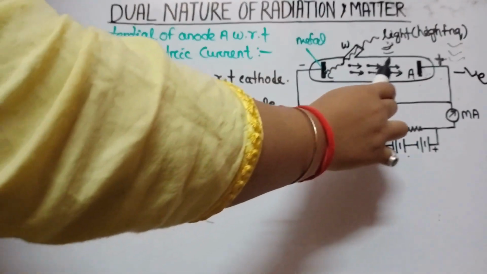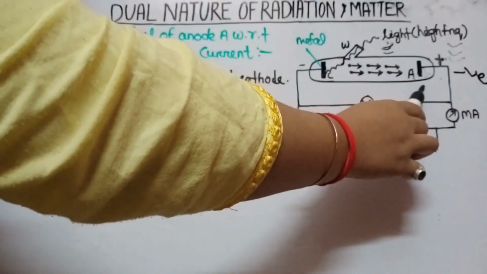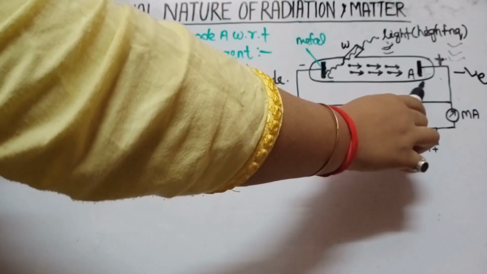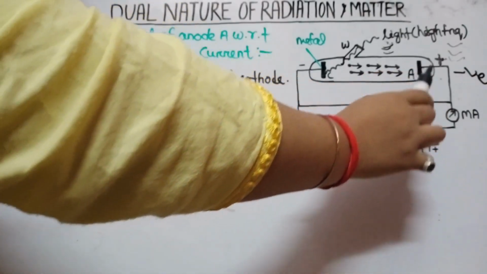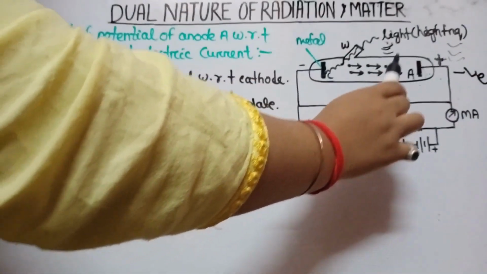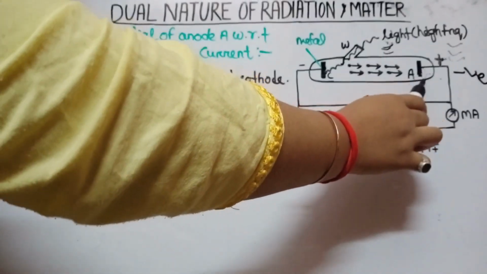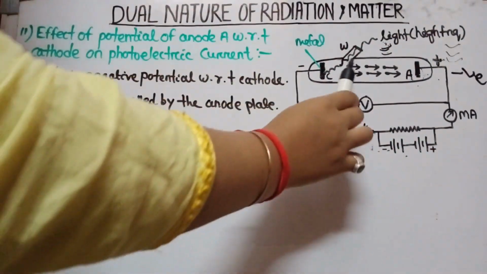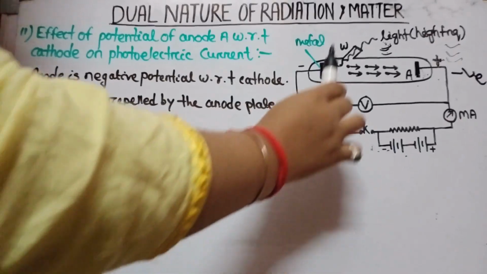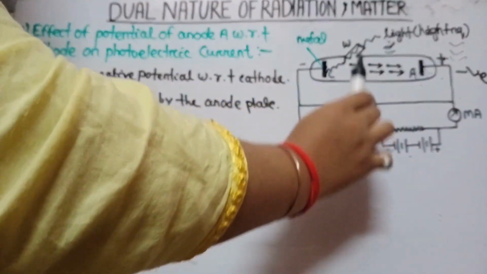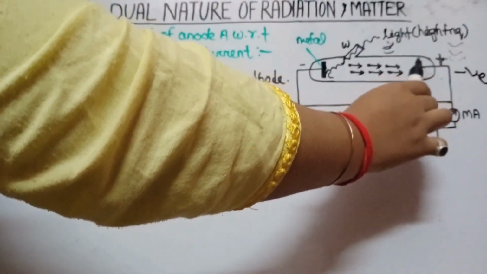The electrons are repelled by the negative electrode. Yes, the photoelectrons are repelled by the negative electrode.